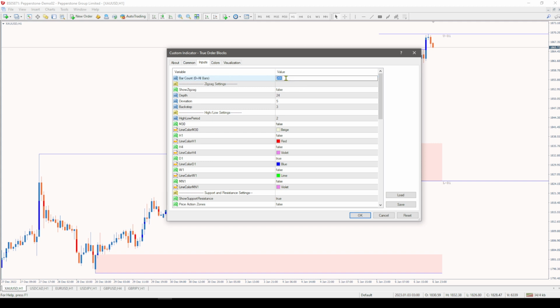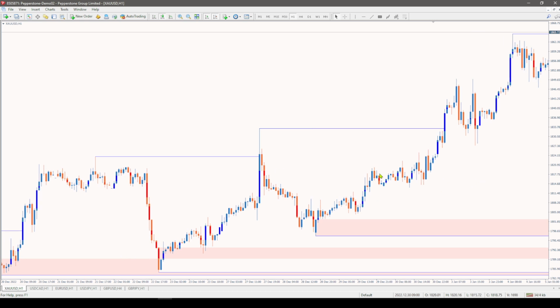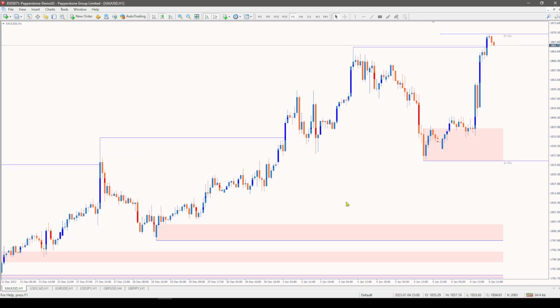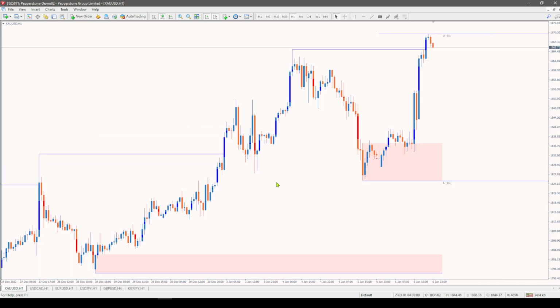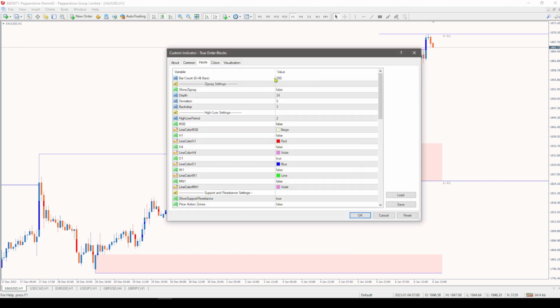If you want to see more or previous zones, you can increase the number, like 300, and you can see the previous zones. But we are only interested in current market price action, so that's why we are going to use 200.